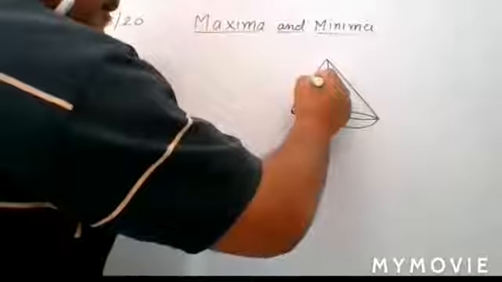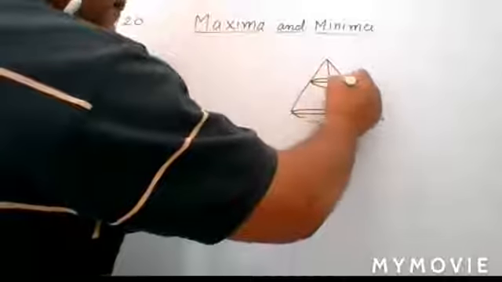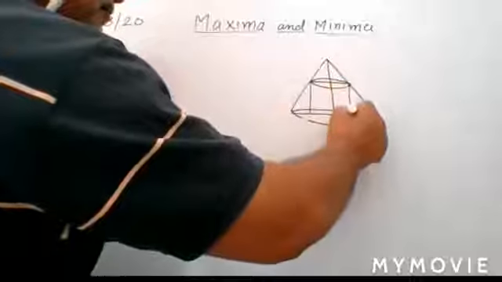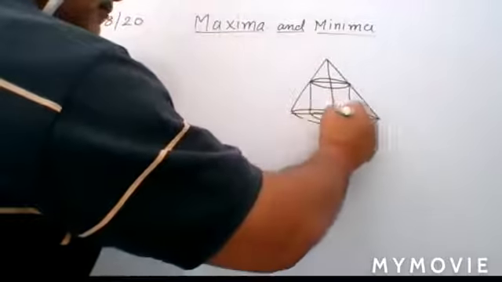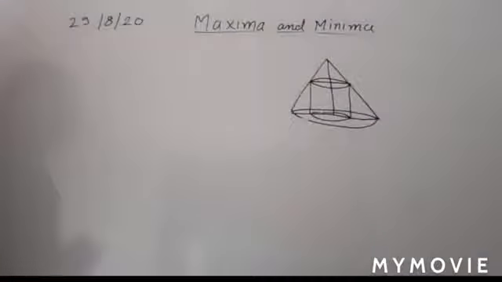Okay, and a cylinder is inscribed within that. So just draw this figure, a cylinder is inscribed in a cone.